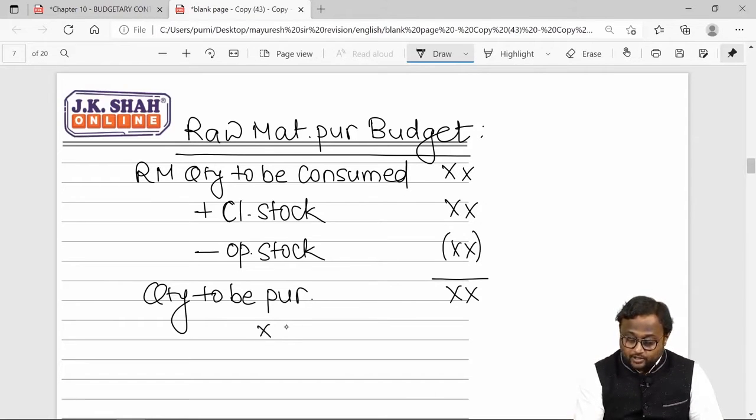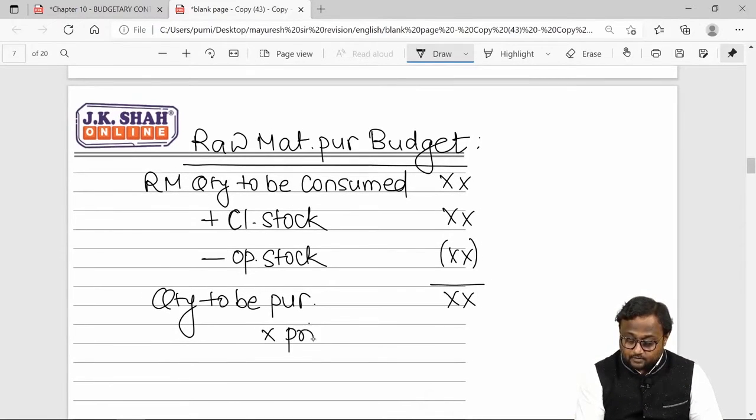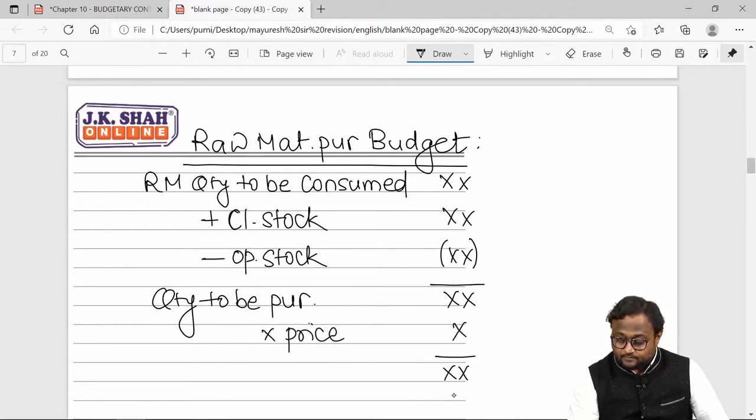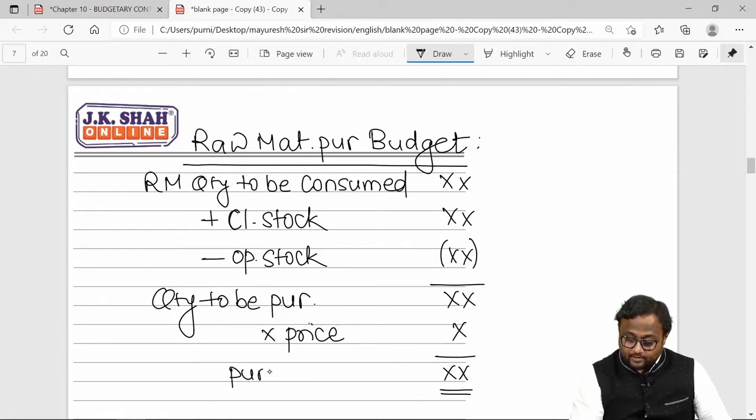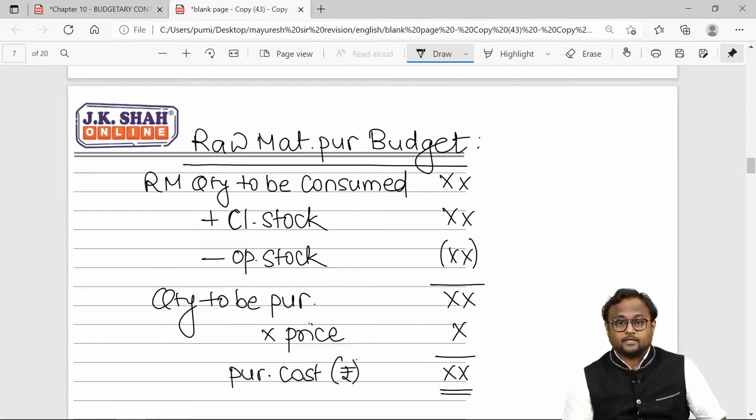The moment you get quantity to be purchased, you multiply it by respective prices. If you have 2, 3, 4 different types of material, you will be getting purchase cost on the last line in terms of rupees.